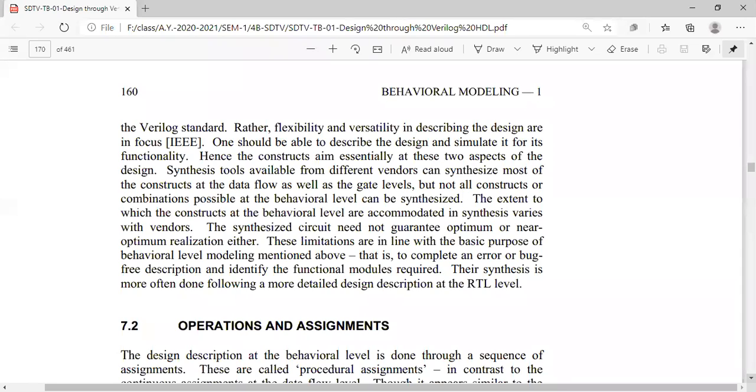In the VLSI industries, we will be using Verilog and SystemVerilog. Only in some cases will we be using VHDL also.